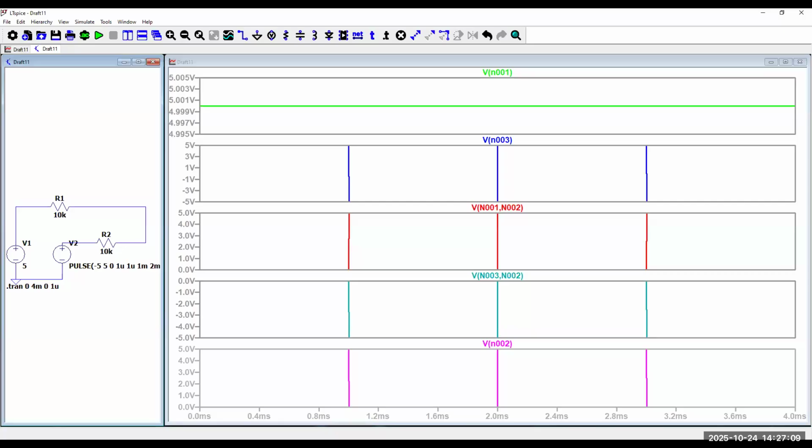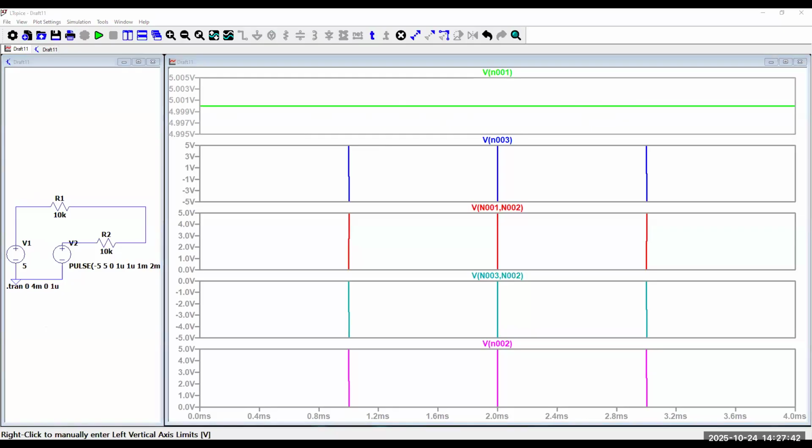In the LTspice simulation, we can see how a DC voltage of 5 volts and an AC voltage of a square wave of 10 volts peak to peak can be combined using this kind of resistive network to obtain an output that goes from 0 to 5 volts. Effectively, we are chopping off the negative cycle and shifting the waveform up. Okay. And so let's look at the theoretical analysis for this circuit.